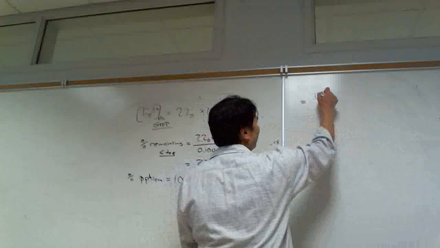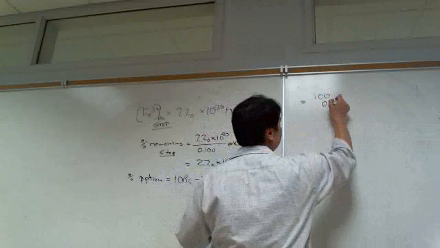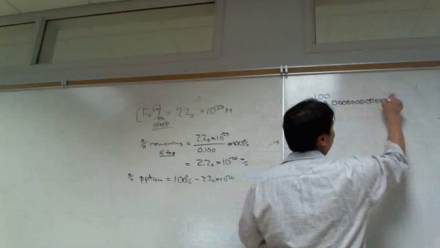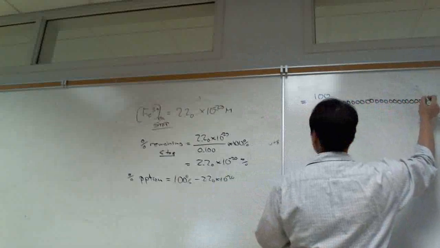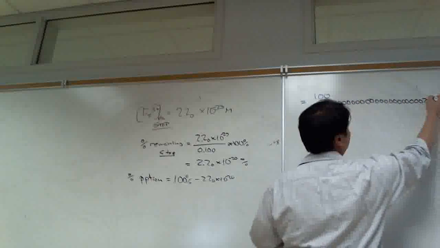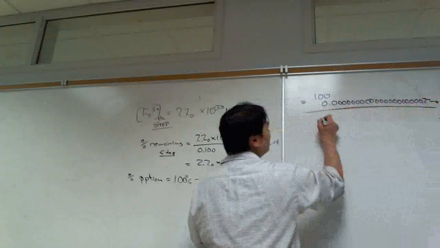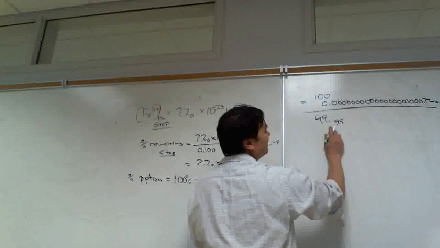So we're going to have to calculate by hand. So this is going to be 0. I need 19 zeros. 1, 2, 3, 4, 5, 6, 7, 8, 9, 10, 11, 12, 13, 14, 15, 16, 17. 19 zeros and a 2, 2, 0. And so this is going to be 99 point. How many nines do I need?